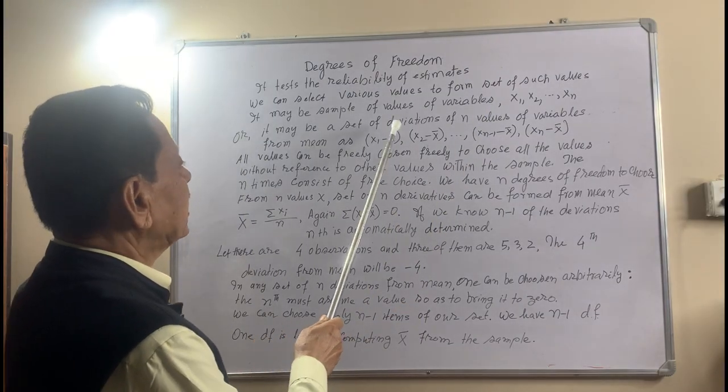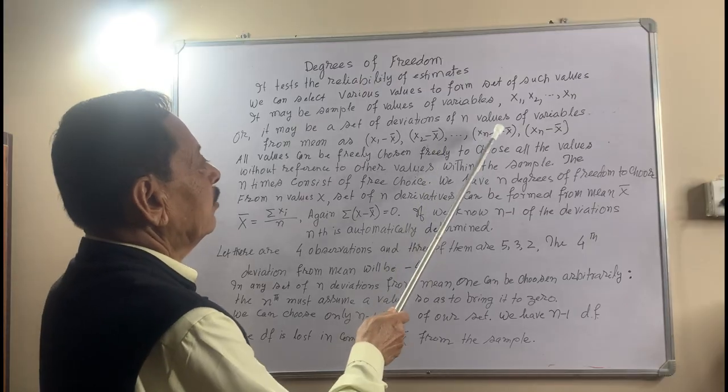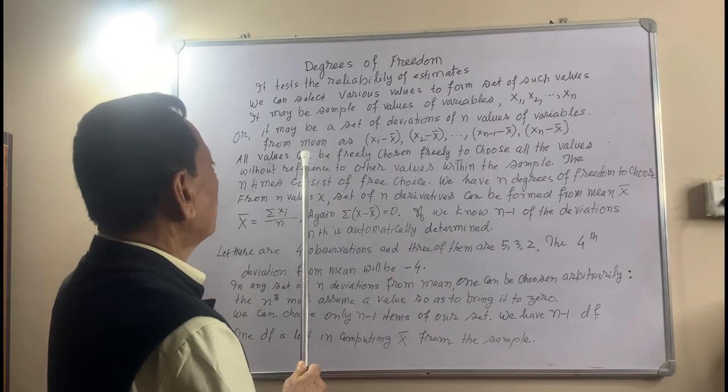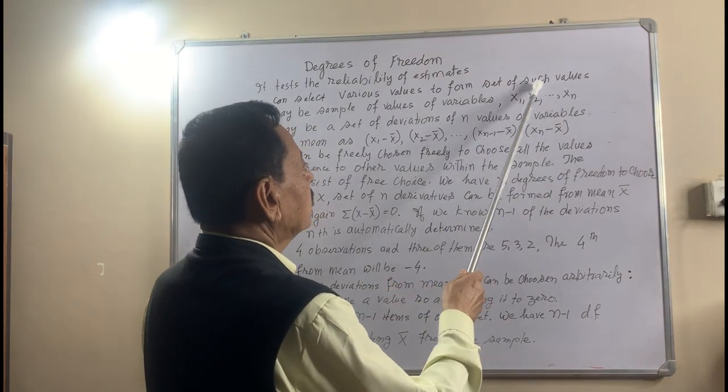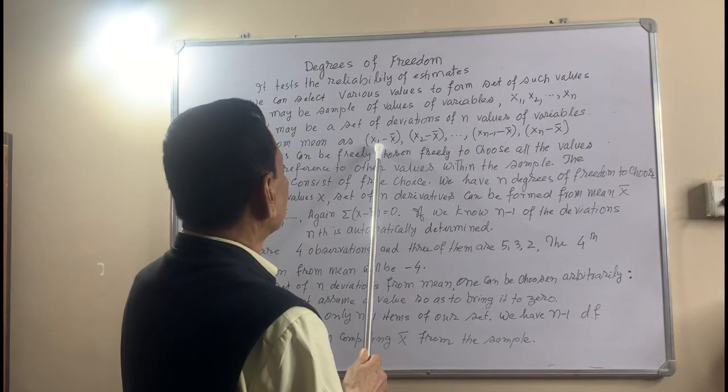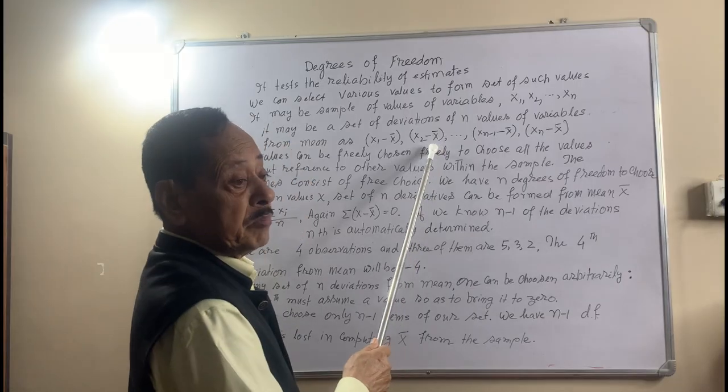Or it may be a set of deviations of n values of variables from the mean. So either it will be just the values, or it will be the values deviated from the mean.